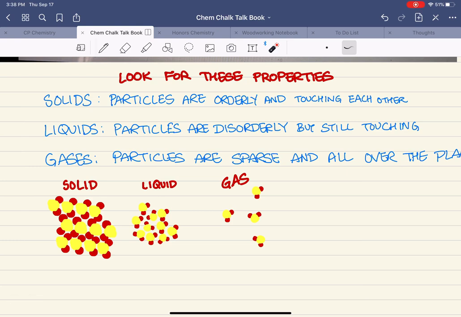Okay, so for example, you might see drawings that look like this. All right, so what we're starting to see here is this looks like a very orderly picture. Okay, everything is just the way it's supposed to be.